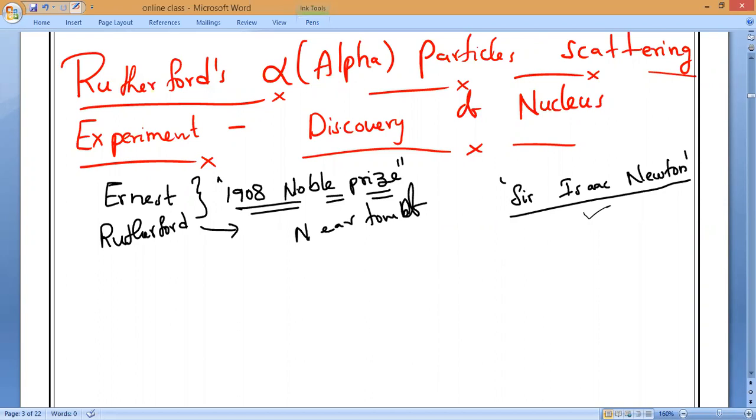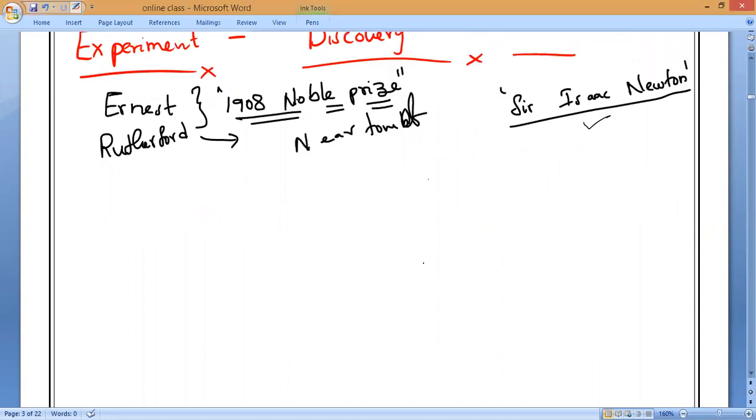This is about Ernest Rutherford, one of the greatest scientists, who proved experimentally for the first time and studied the internal properties of atoms. Now let us discuss what this alpha rays scattering experiment is and what its observations are.